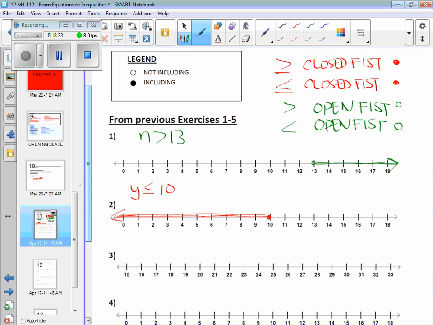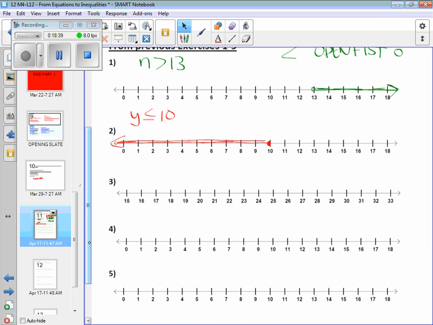All right, number 3 should have been y is less than 24. Anybody want to come in and do the coloring? Shannon. Open or closed at 24? Okay, good. Thumbs up or thumbs down?